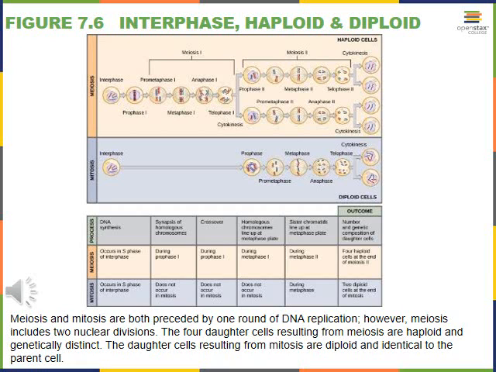So we've got diploid and end up with 4 haploid cells. Okay, and I know I'm going on and on about this, but it's very important that you understand this process.